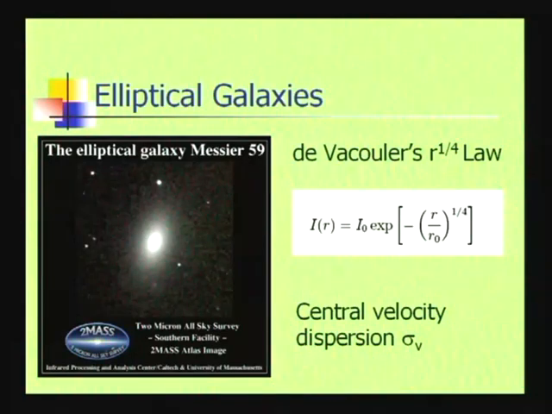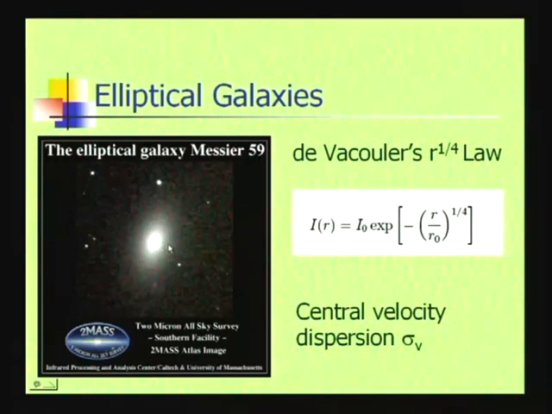And what de Vaucouleurs found, the r to the power 1/4 law, says that this surface brightness or specific intensity is expressed as a function of r, not as the direction, but r. R could be easily converted to direction, because if I point towards the center here, that will be r equal to 0.